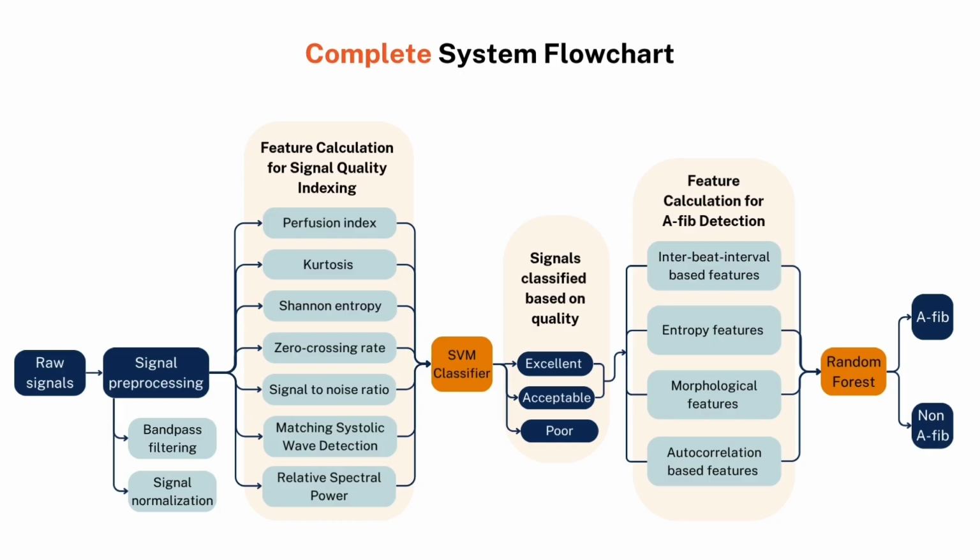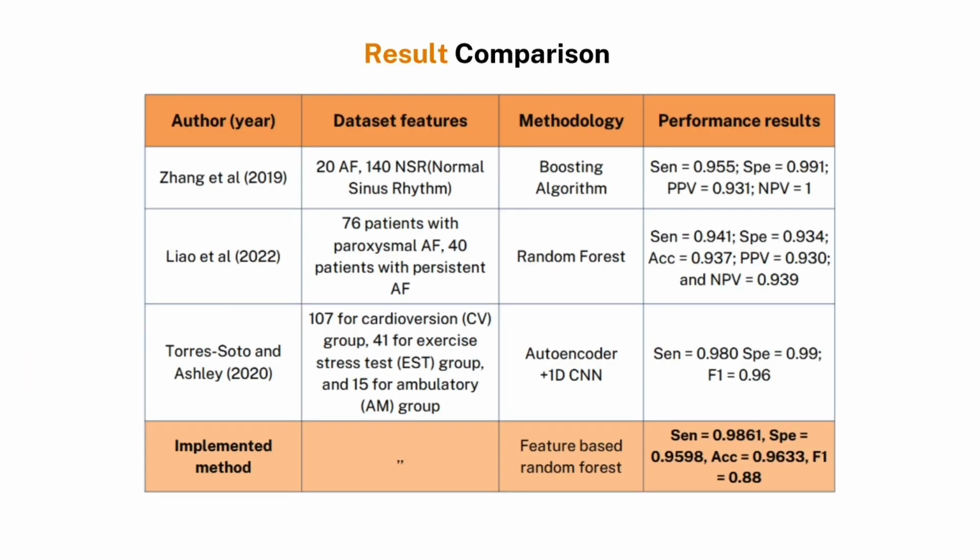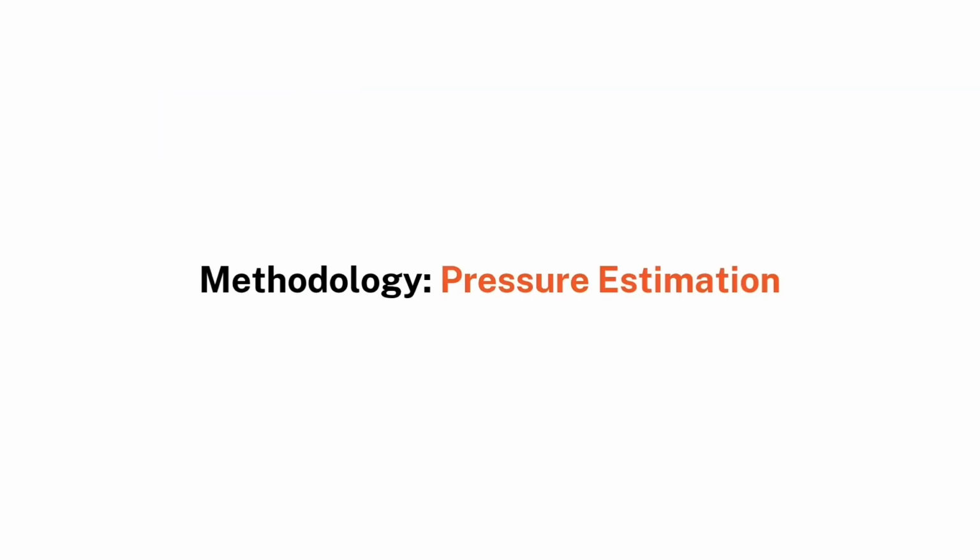With a range of features calculated, including interval-based, entropy-based, and morphology-based features, using a random forest, we classify the signals as AFib and non-AFib. Through this, we have been able to achieve comparable results to the different methods implemented in literature.